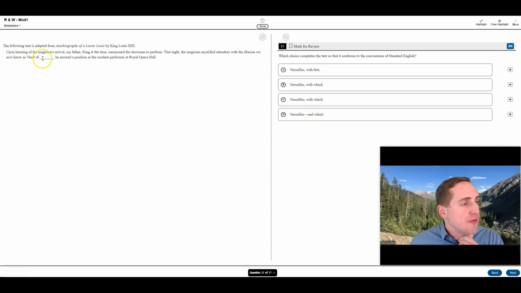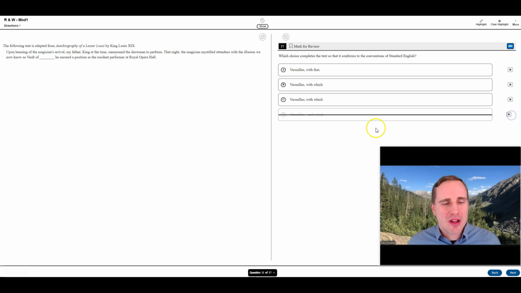We now know as Vault of Versailles, and then we definitely at least need to pause. And which he secured, that's very awkward. And which he secured, that's not the conventions of standard English. Is it with that? With that is not standard English because we're not sure what that is referring to. So we're going to say with which.